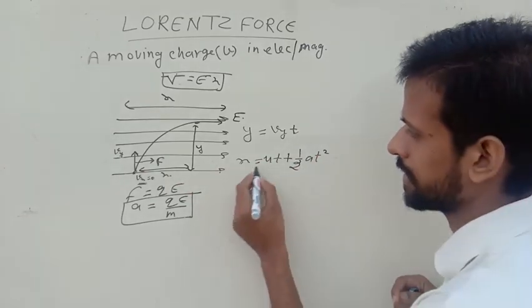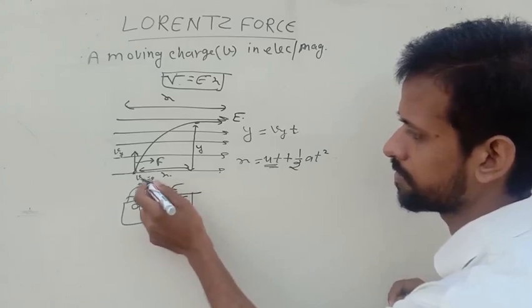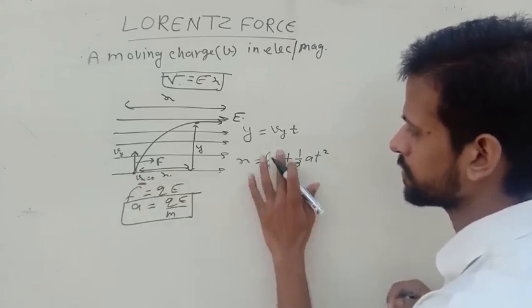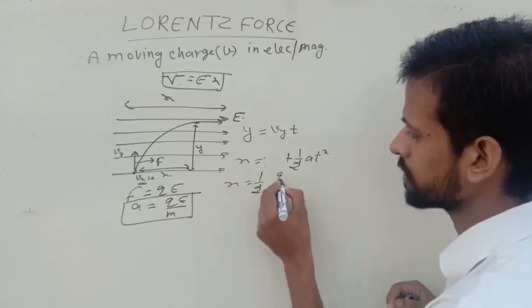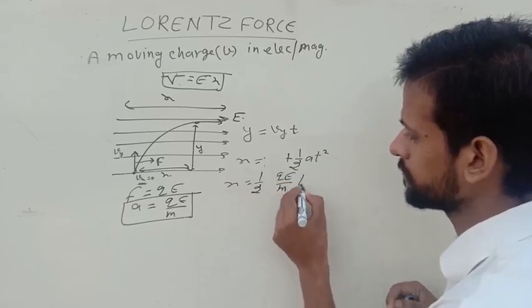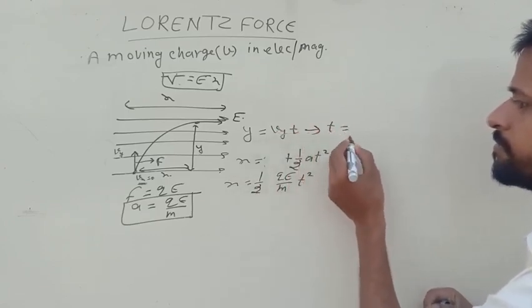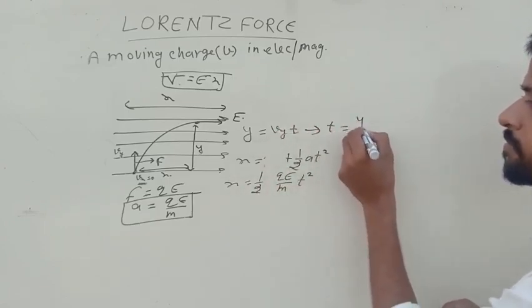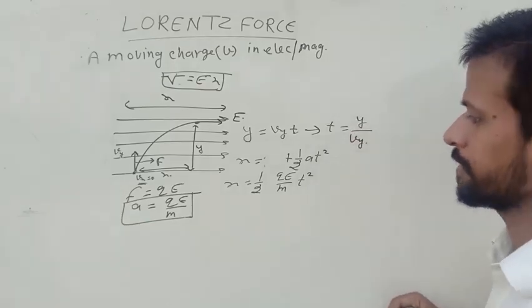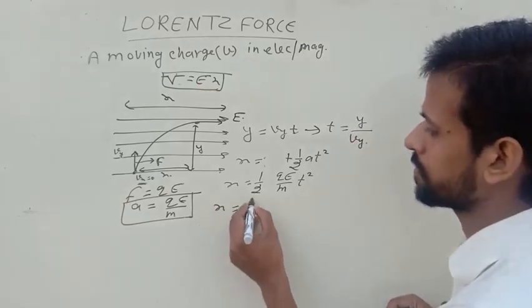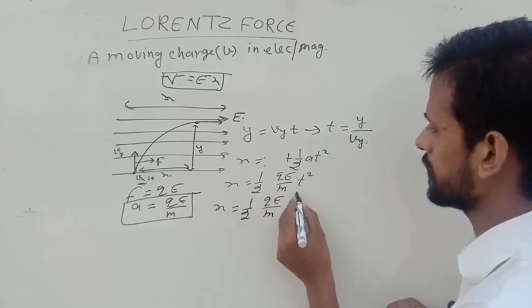Vx is 0 initially, so this term will be 0. So x is equal to 1 by 2 QE by m t square.